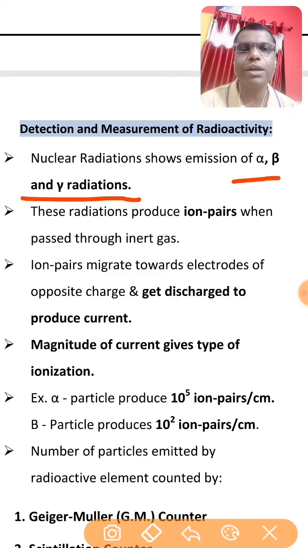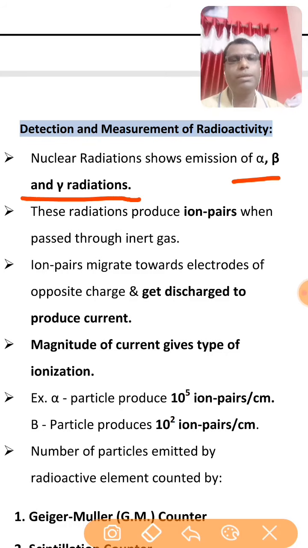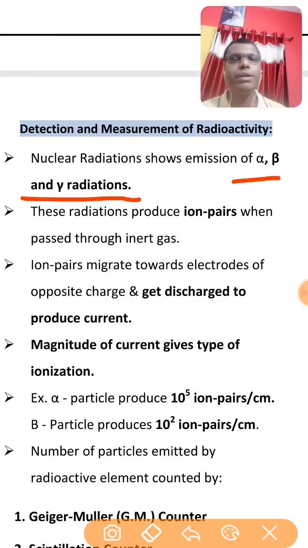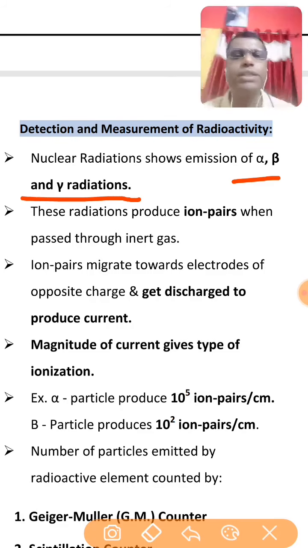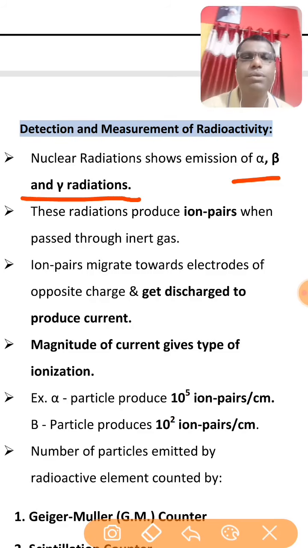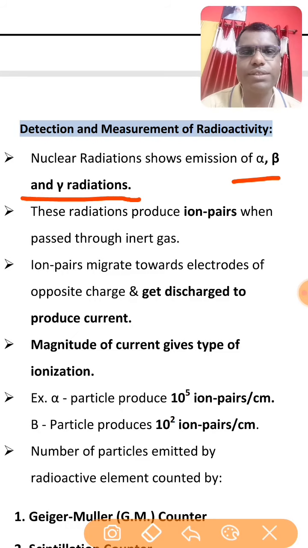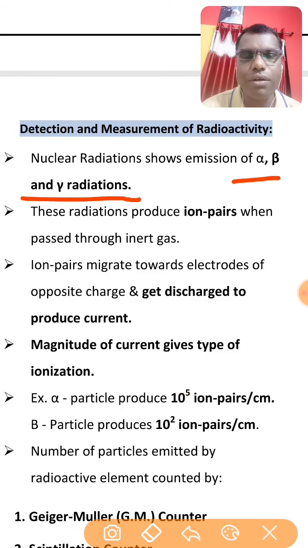But how can we identify whether alpha, beta or gamma radiations are emitted by this radioactive element? It is possible to detect and identify these radiations with the help of the fact that these radiations are able to produce ion pairs.